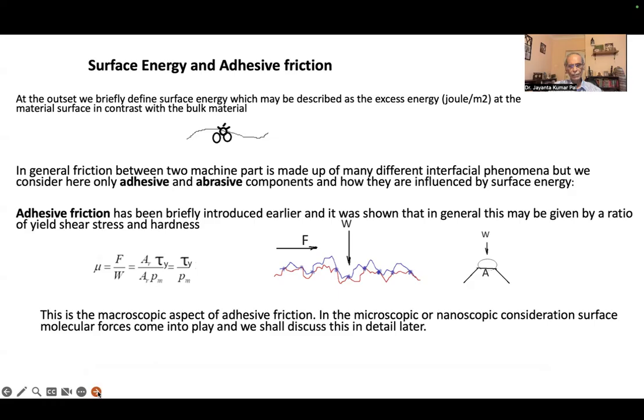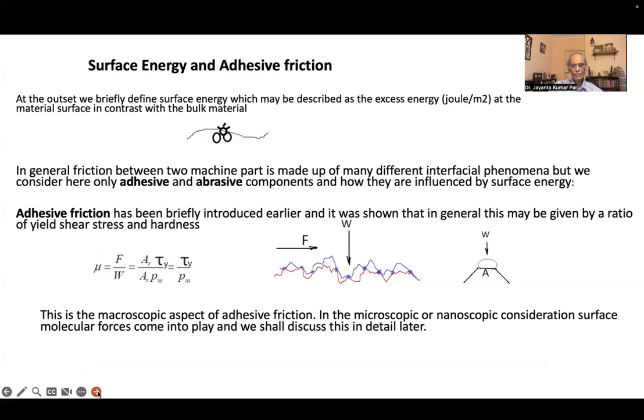And at those points, the load is heavy, and hence the contact pressure is very high, and therefore yielding may occur, and we may have welding due to the plastic state of the material. And we usually get a bond.